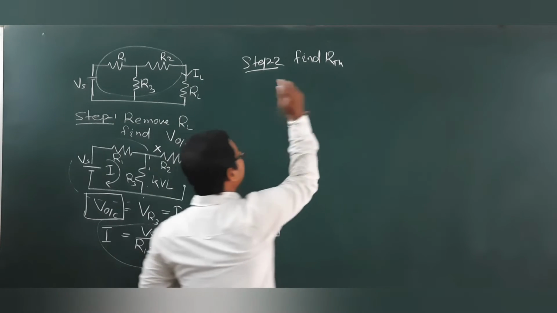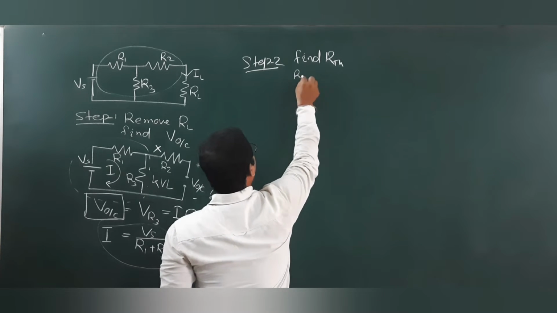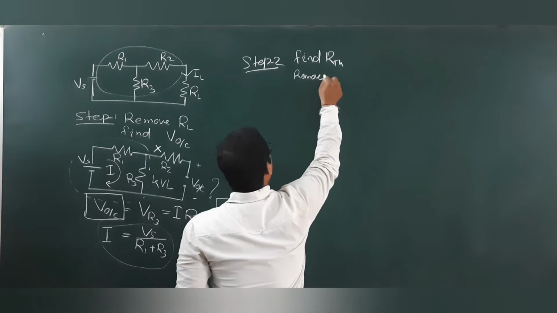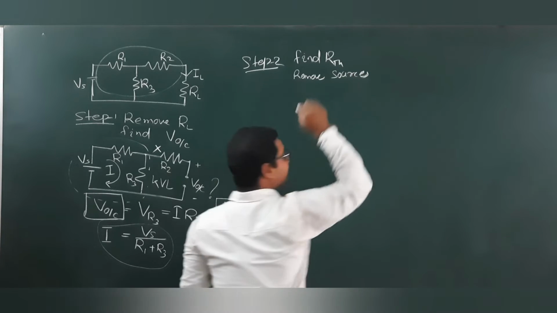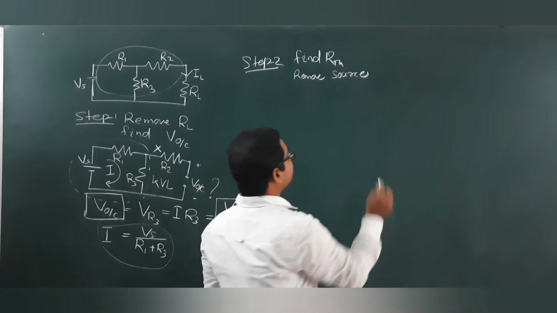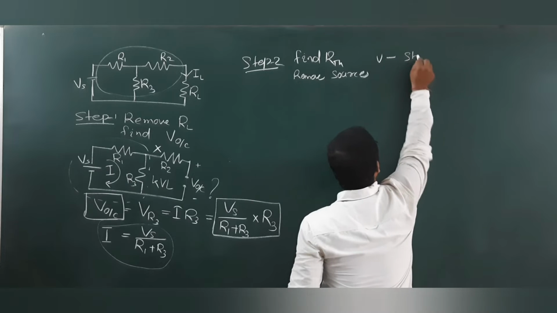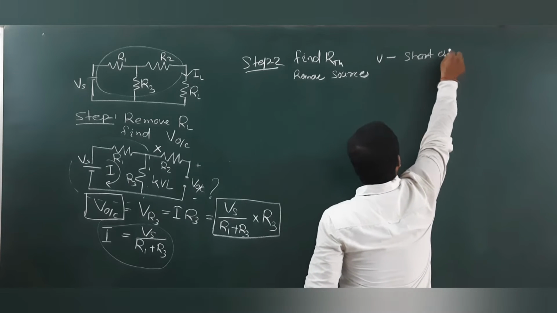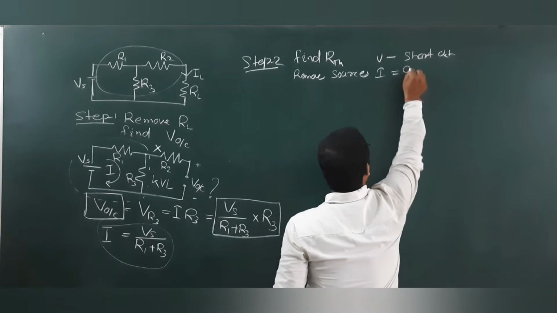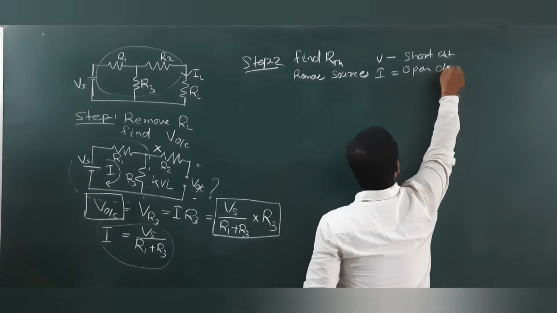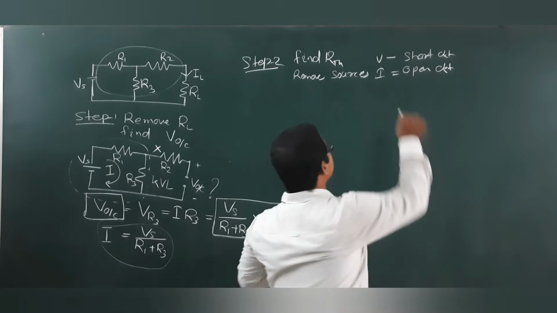So here you have to remove RL and remove the sources. If a voltage source is present, it will be replaced by a short circuit, and if a current source is present, it will be replaced by an open circuit. You have to remember this, it is an important thing.